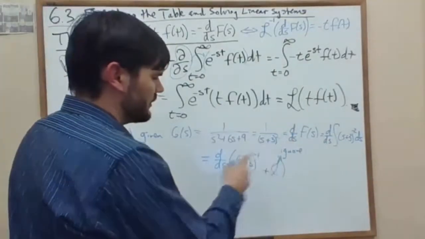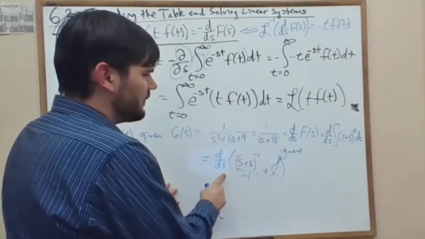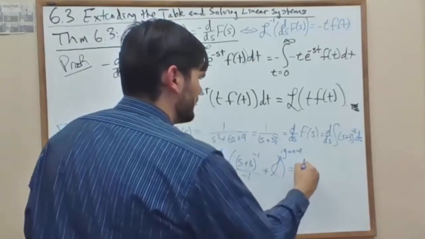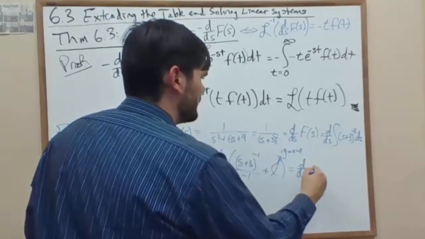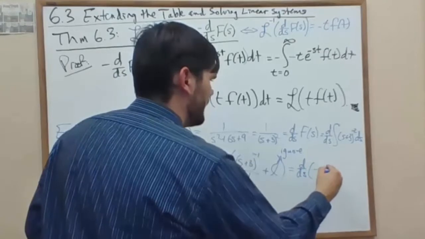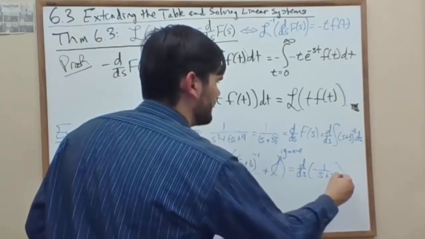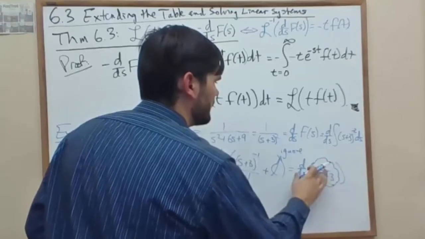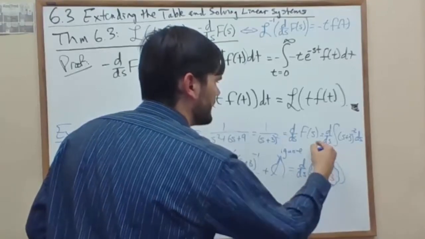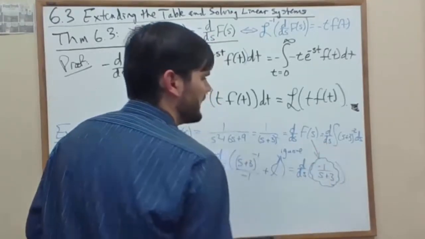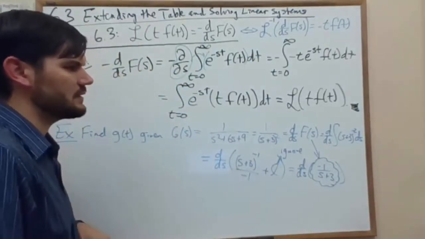Okay, that's why we're ignoring it. And now I have the derivative of negative 1 over s plus 3. And that's my f of s, capital F of s.